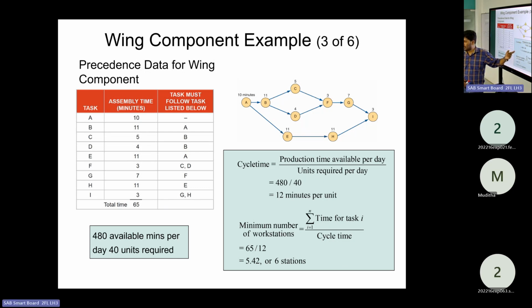That should be the speed of the process, which means every 12 minutes, we should be able to get an output, to produce the required output within the available time. Understand? If we can expect one product every 12 minutes, then we can meet the production target within the production time available.